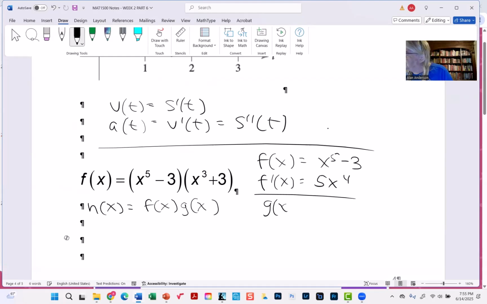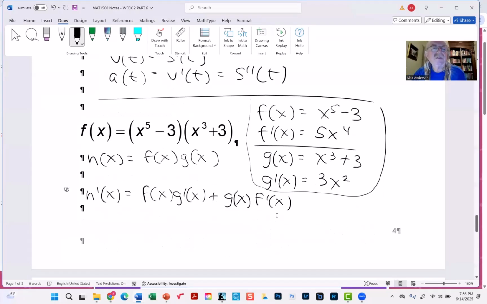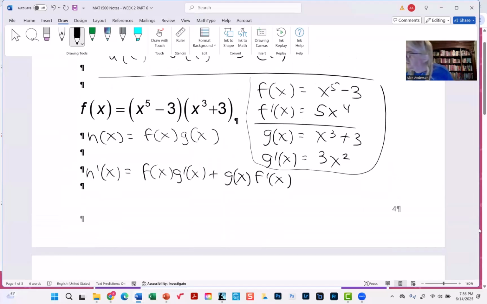That means that g of x is x cubed plus 3, and g prime of x is 3x squared. So the product rule, of course, is this. All right, and then we just make our substitutions. And that gives us x to the fifth minus 3 times 3x squared.